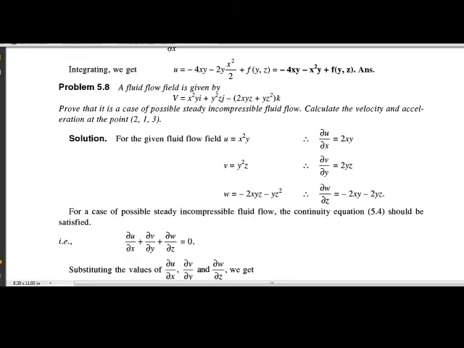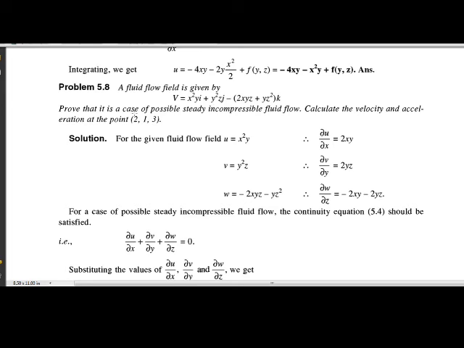Let's move towards the next problem. A fluid flow is given by V = x²y i + y²z j − (2xyz + yz²) k.